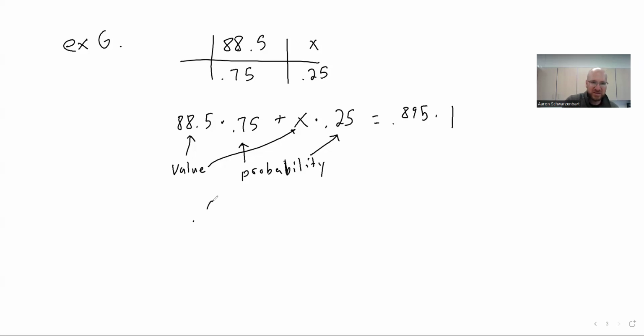So this gives me 0.66375 plus 0.25x equals 0.895. So I'll subtract 0.66375 from both sides. Oh, sorry, it's not 88.5. That should be 0.885. I should convert my percent to a decimal because I did the other ones.